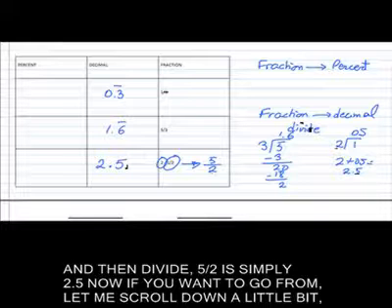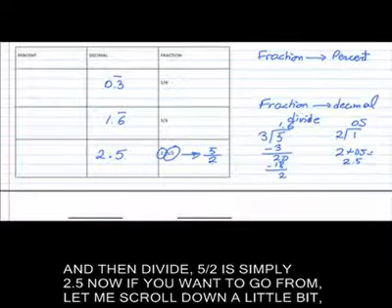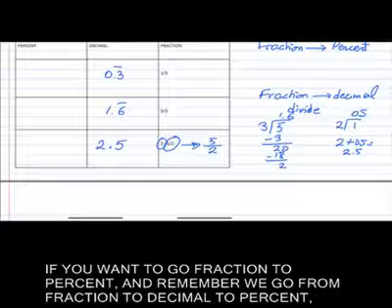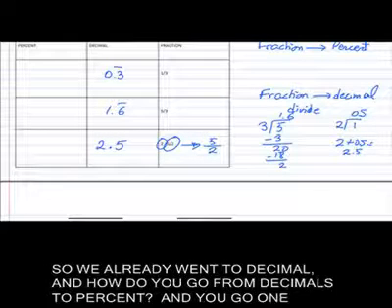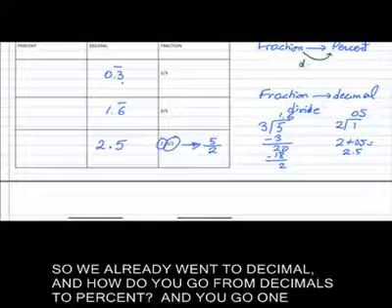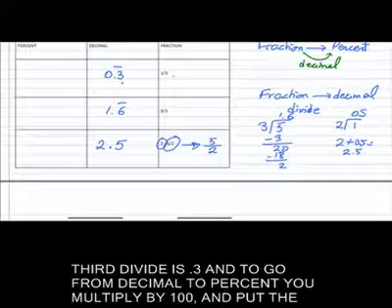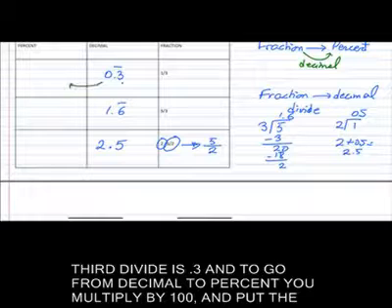Now if you want to go from fraction to percent, remember we go from fraction to decimal to percent. We already went to decimal, and how do you go from decimal to percent? 1/3, divide, is 0.3 repeating, and to go from decimal to percent you multiply by 100, and put the percent sign.